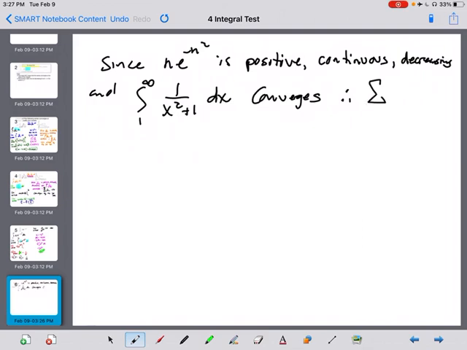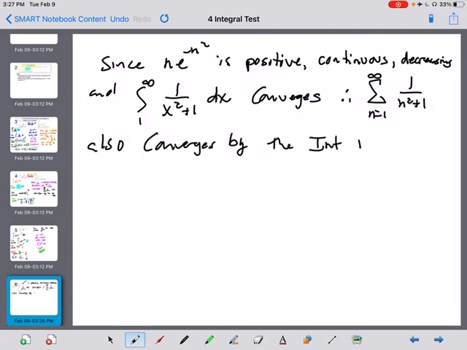Therefore, the summation n equals 1 to infinity of 1 over n squared plus 1 also converges by the integral test.